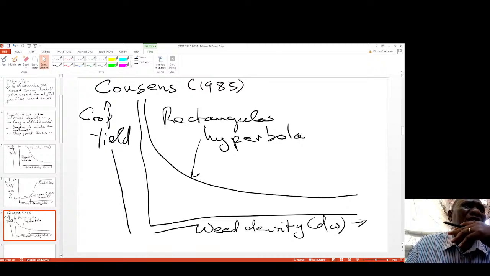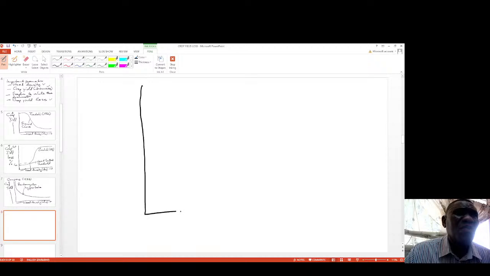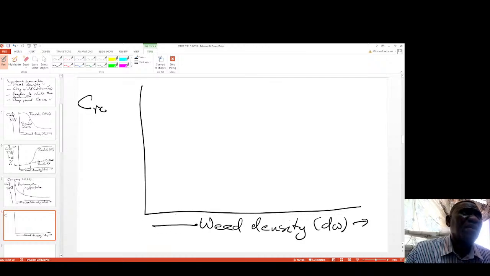So let us look at what Cousins proposed as the weed loss graph. Crop yield loss.